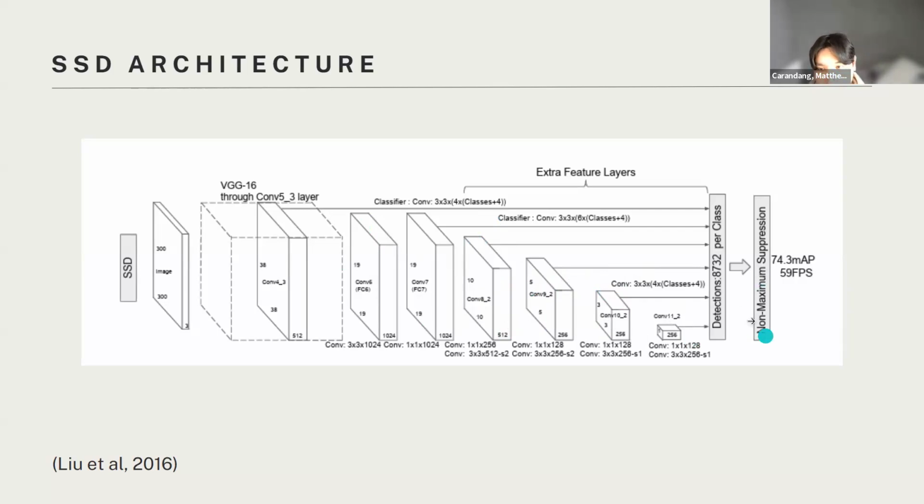So non-maximum suppression is needed since there are a lot of predictions in this case, since there are a lot of feature maps being combined, and a lot of bounding boxes tend to overlap. Non-maximum suppression basically deals with overlapping bounding boxes that have different confidences. It selects the bounding box that has the best confidence.